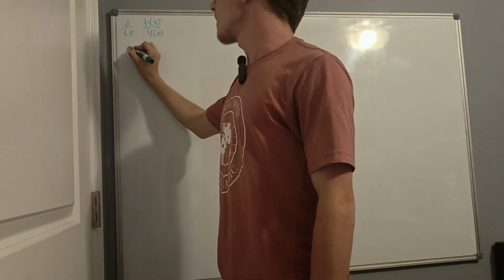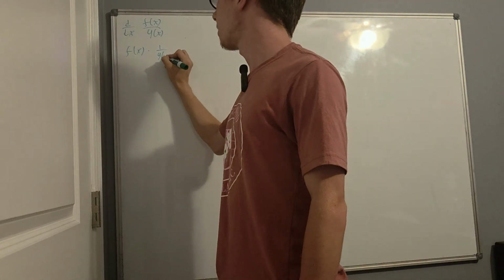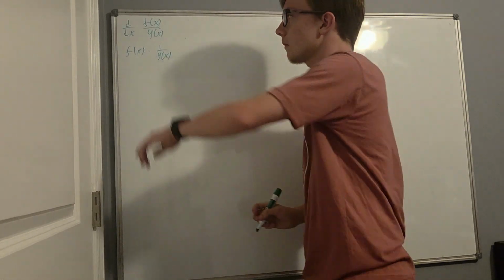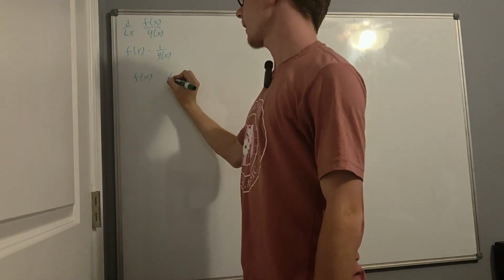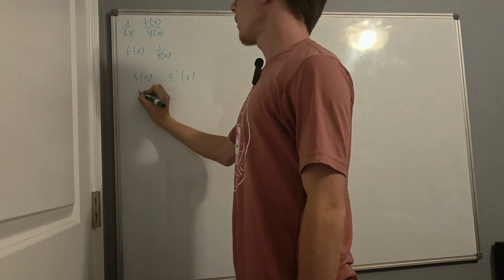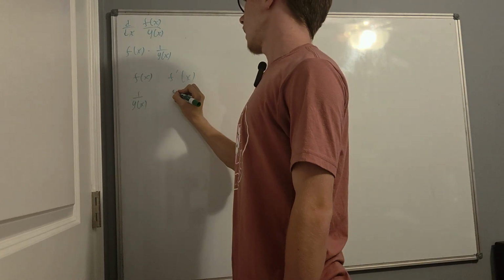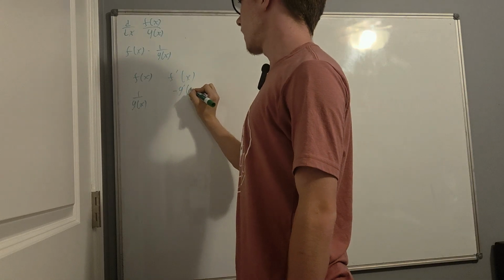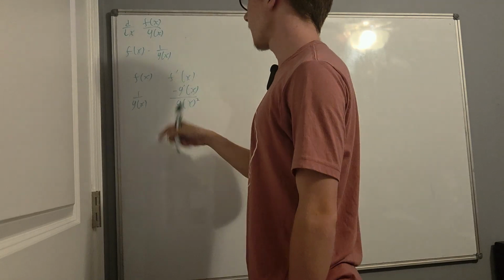And what I'm going to say is I'm going to have f of x times 1 over g of x. F of x, its derivative is just f prime of x. 1 over g of x's derivative is going to be negative g prime of x over g of x squared.